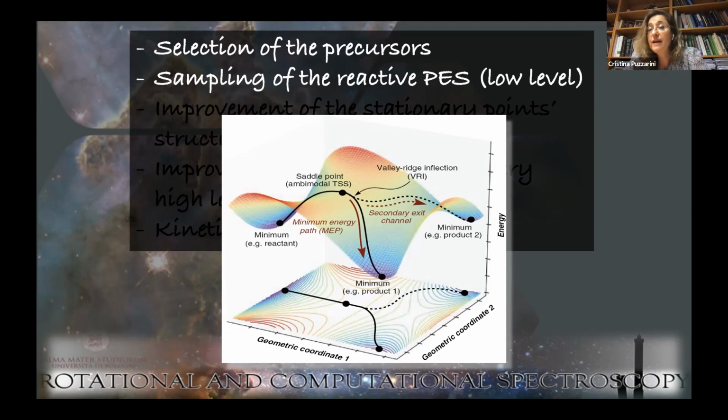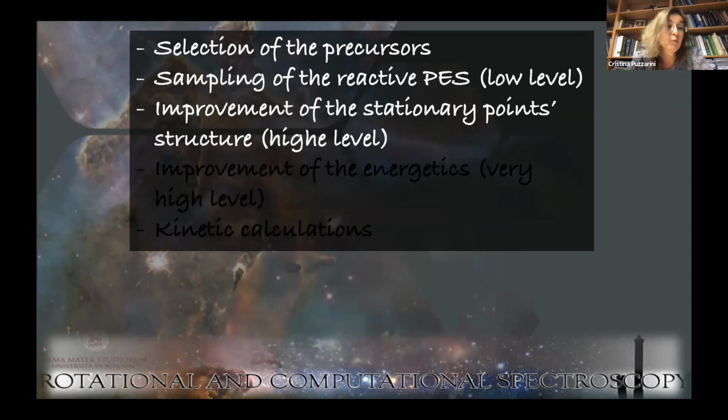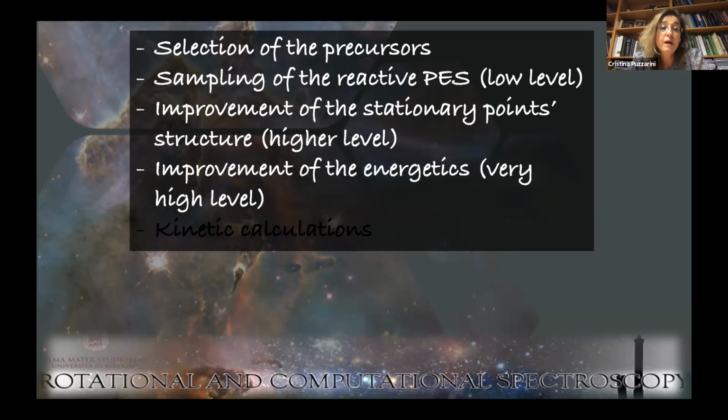But it often happens that a stationary state that is a minimum at the B3LYP level is a transition state or nothing at a higher level of theory. So before proceeding, we need to investigate at a higher level of theory the paths that are interesting. And then we need to improve the energetics to get the best possible.